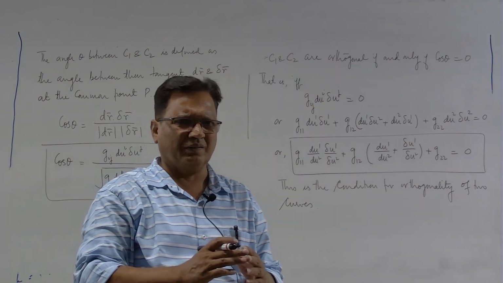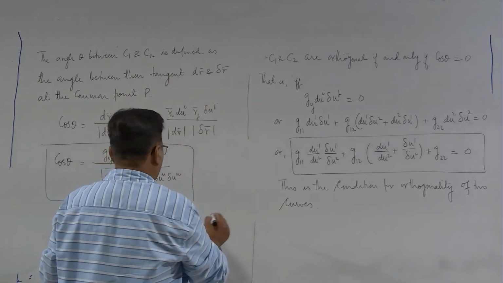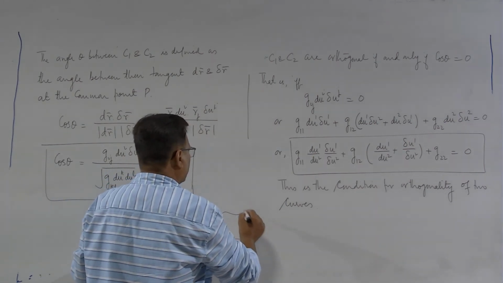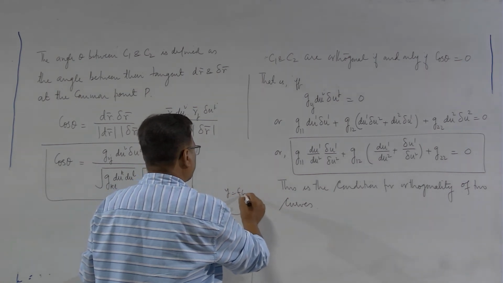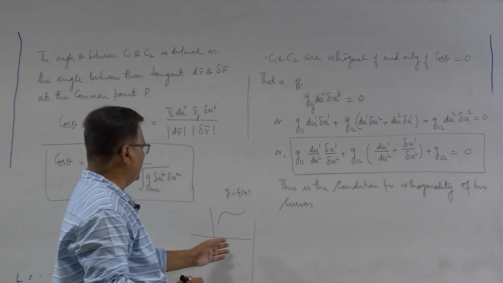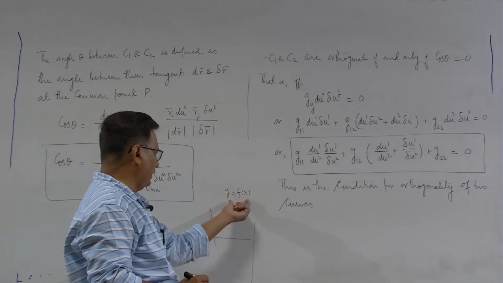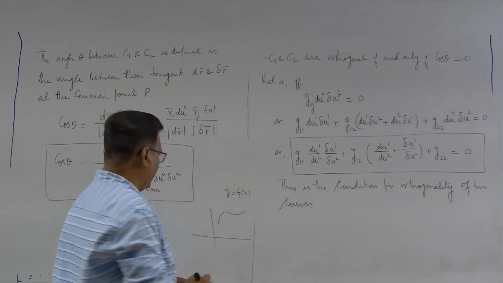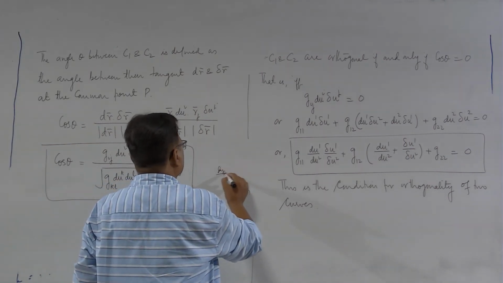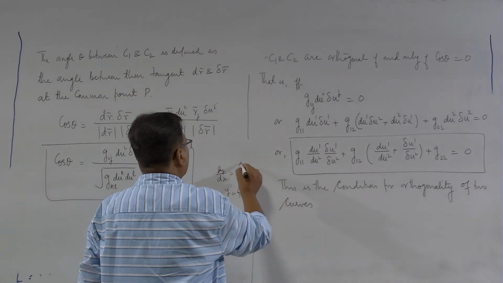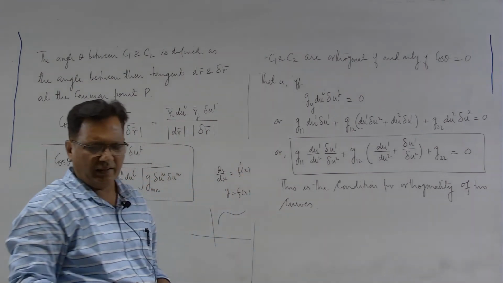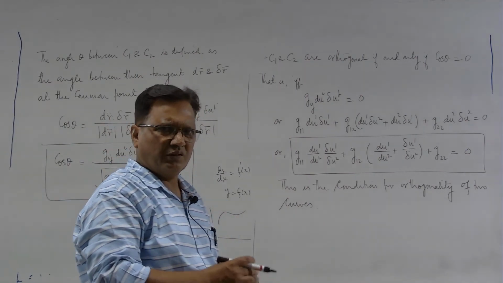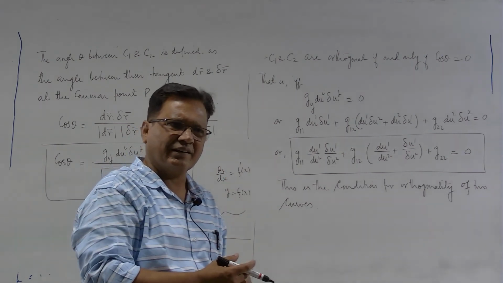In the x y plane, if you have a certain curve, then its equation is y equal to f x. That means the x y coordinates along the curve are related by a certain function f. And if I compute dy over dx, or f dash x, then this quantity is the slope of the tangent to the curve. So, this gives you the direction of the tangent vector.